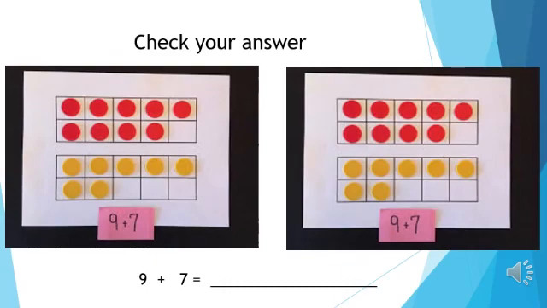That means we are going to move this yellow dot from the second group to the first group like this. See, one we have erased, and that yellow will be moved in the red dots group, and now this complete 10 is being formed over here, and you are left with 6 yellow dots over here.